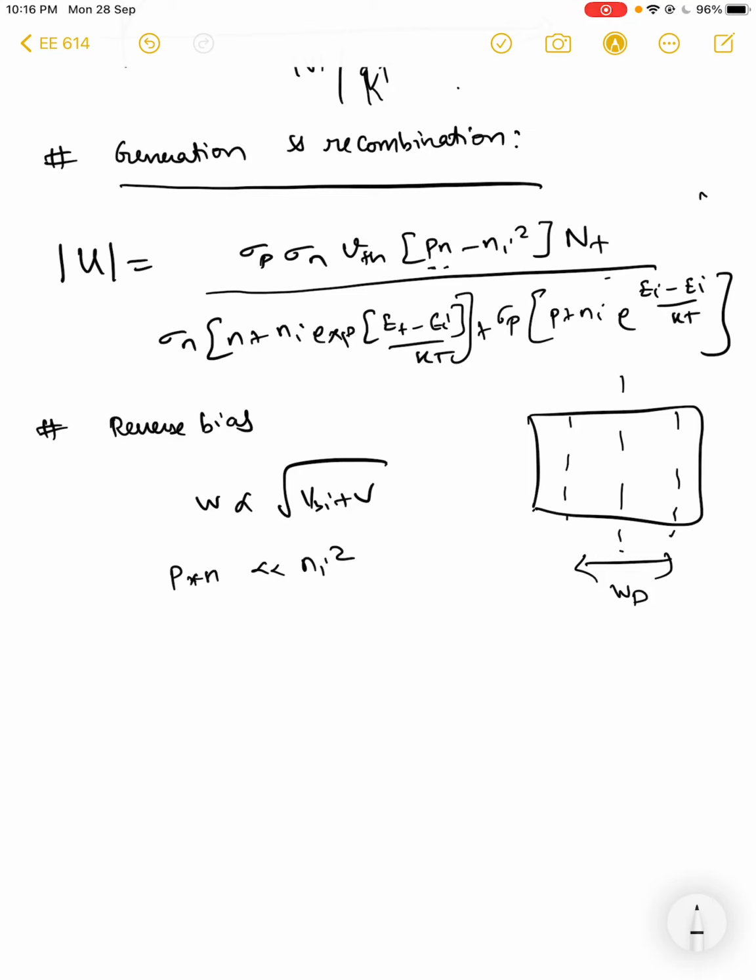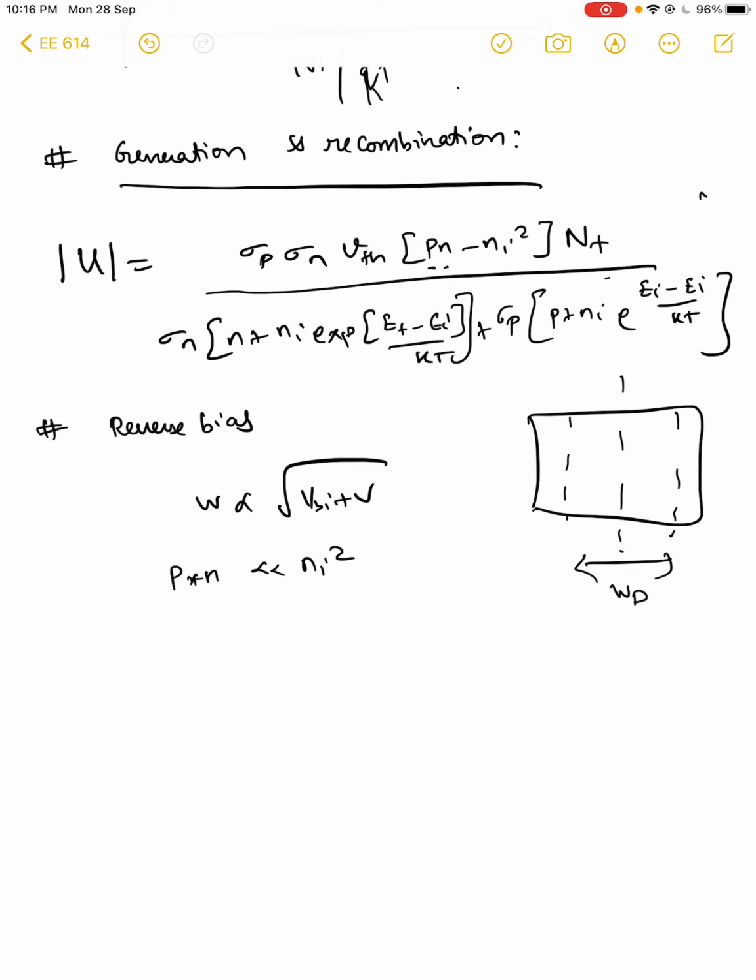So your U is going to be negative, which says that this U is actually recombination minus generation, if you remember our previous derivations. So this value being negative means that generation is more dominant than recombination. So we will have much higher generation rates at the depletion width.